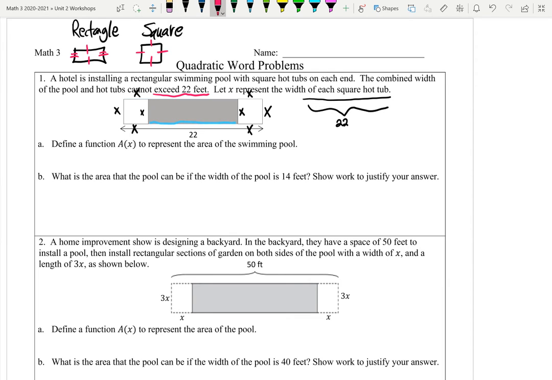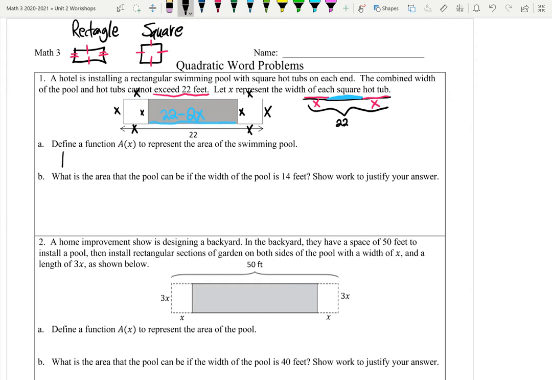We know from here to here is going to be x, and here to here is going to be x. So what is going to be this length? Well, it's going to be 22 minus 2x. I'm going to use this to help generate the area of the swimming pool.